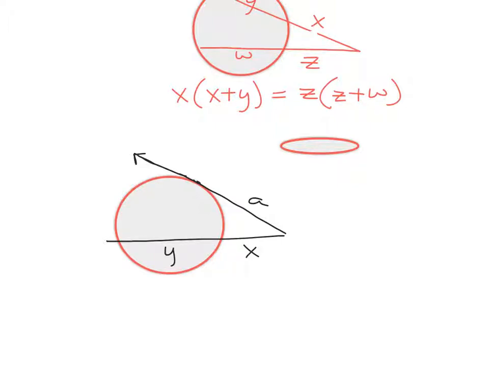There is only one place that it hits the circle, so from the point to the circle just gets done twice. A times A. Okay, so it's A squared equals, what's the other side going to be? X times X plus Y. Okay, so that's that formula.